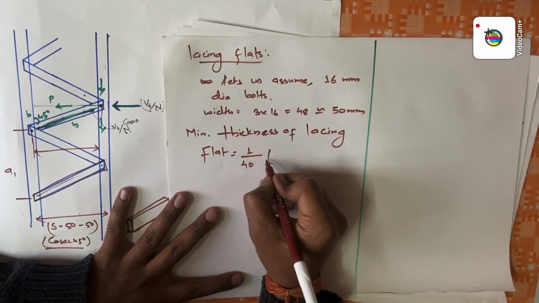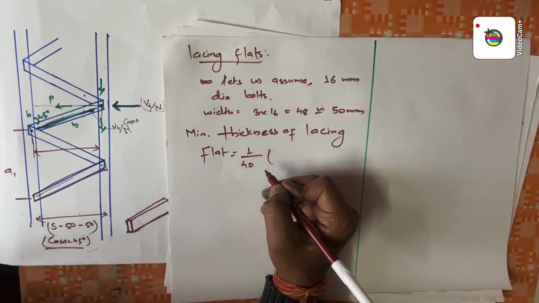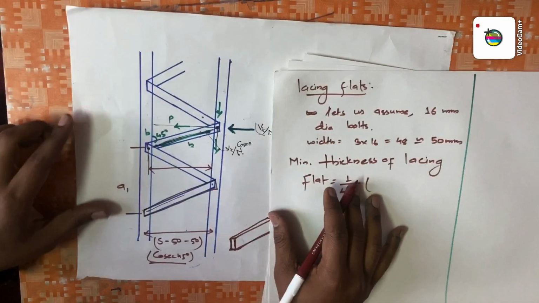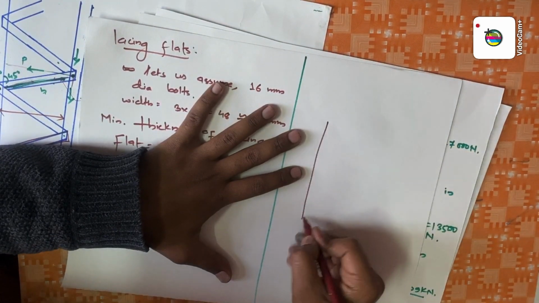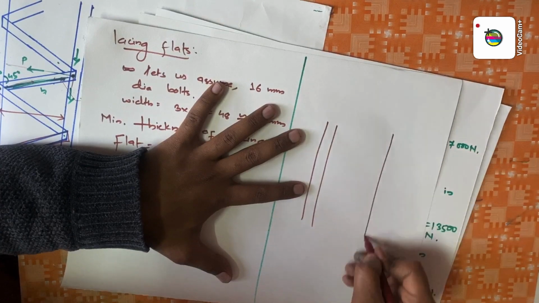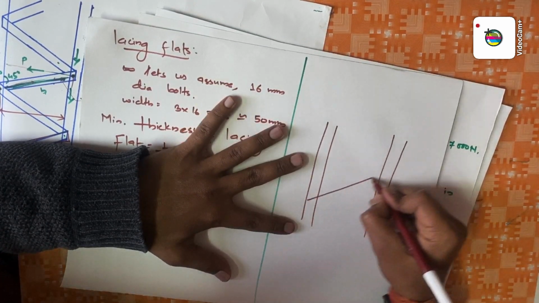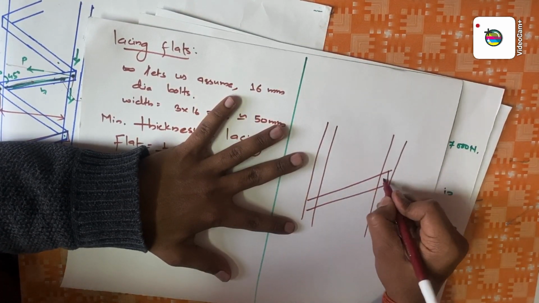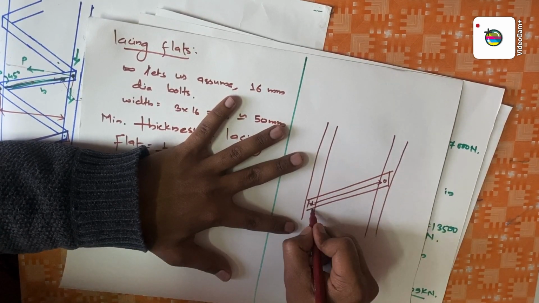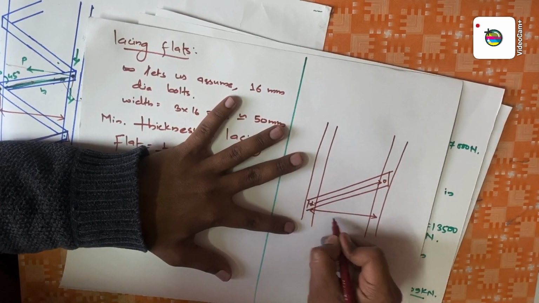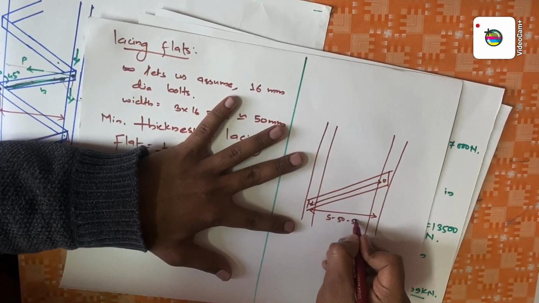So suppose you have got your channel system. If this is your lacing flat, the distance from here to here is s minus 50 minus 50.